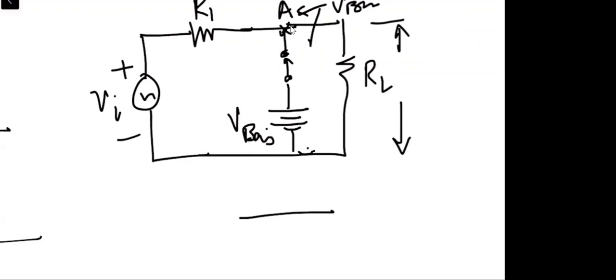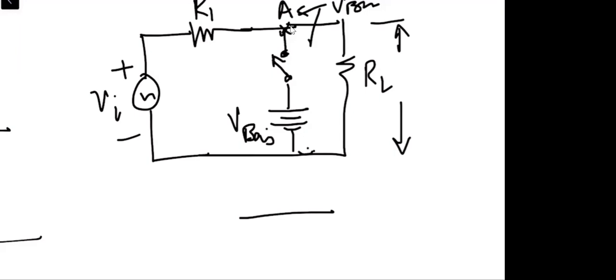And when it makes this transition, the diode will act as an open switch from the closed switch.